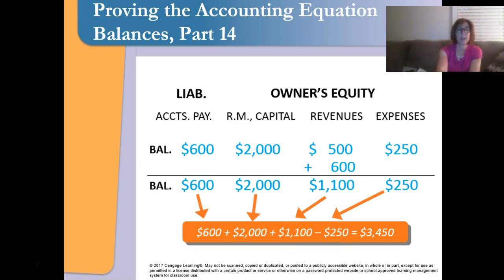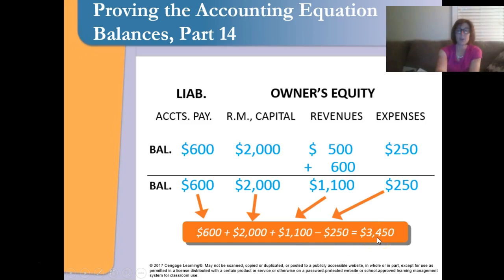Now we'll look at the right side of the accounting equation. We still owe $600 on our equipment. Rohan's equity account remains the same. And now we've had total revenues of $1,100, total expenses of $250.